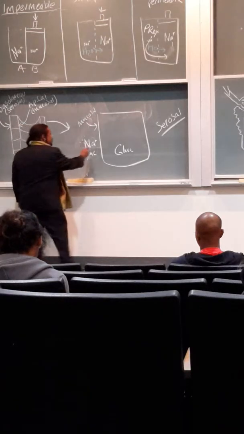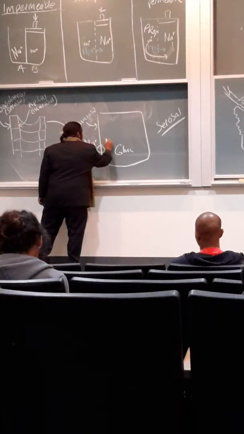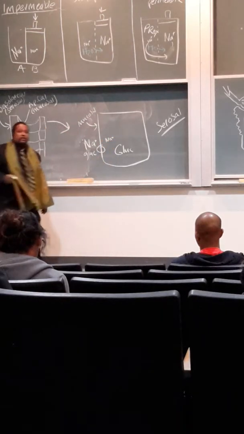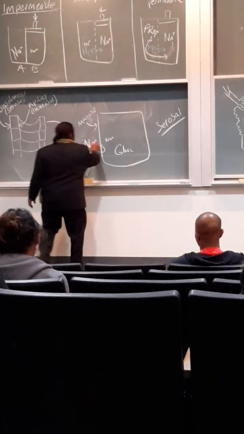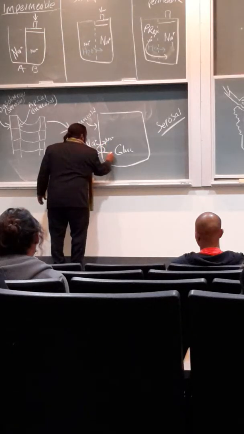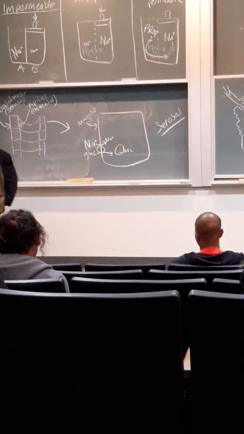So the proximal convoluted tubule, remember the sodium iodide symport? The proximal convoluted tubule has a sodium glucose symport, and it uses the sodium gradient to bring glucose in against its gradient.